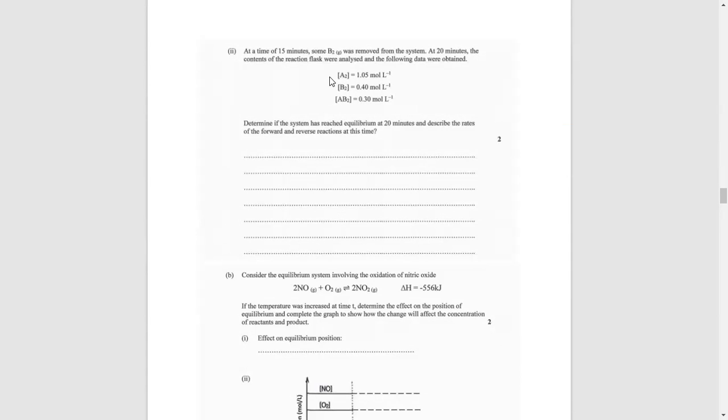Okay, so at time of 15 minutes, some B2 was removed from the system. At 20 minutes, the contents was analyzed and the following data was obtained. Determine if the system had reached equilibrium at 20 minutes and describe the rates of the forward and reverse reactions at this time. Okay, so remember what we worked out earlier. We worked out that K was 4/9.